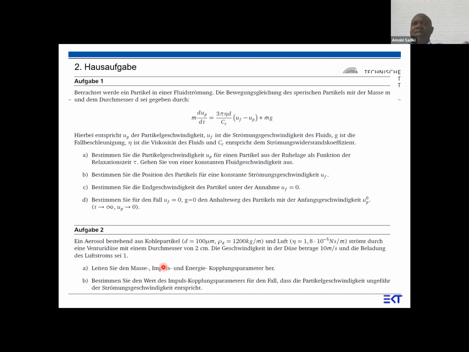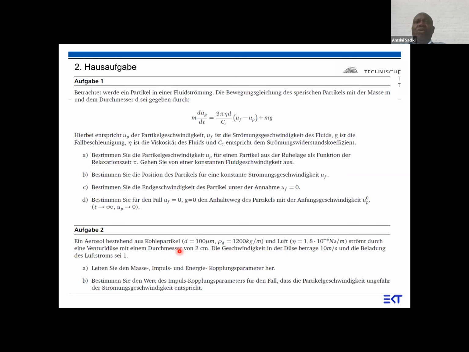And the question is, if we have an aerosol, a cold particle with this diameter, with this density, and we have air, its viscosity is given here.